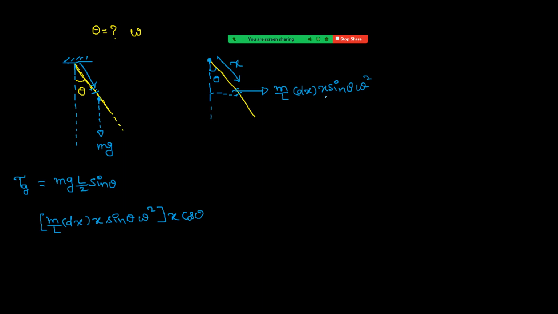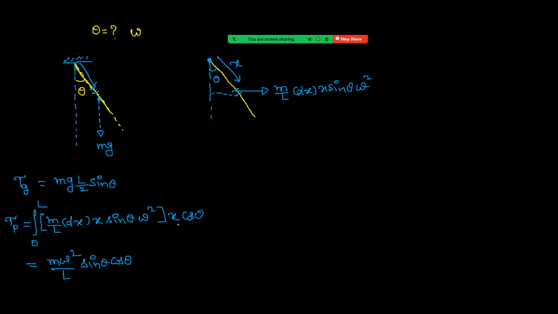Like this, we have to consider the torque due to pseudo force on each and every element. That means we have to integrate from 0 up to L. Now take constants outside: m omega square upon L, sine theta, cos theta.